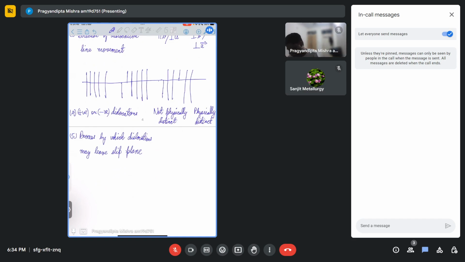If I'm looking at this edge dislocation from the top, so it is going into the body, into the medium, okay.